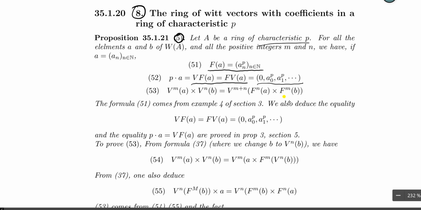It is the same as doing Frobenius for A n times and Frobenius for B m times, then you do the multiplication, then you do the shift.